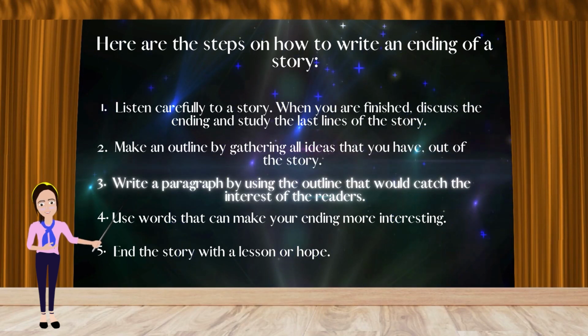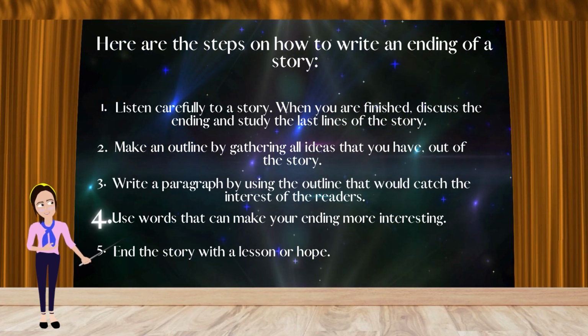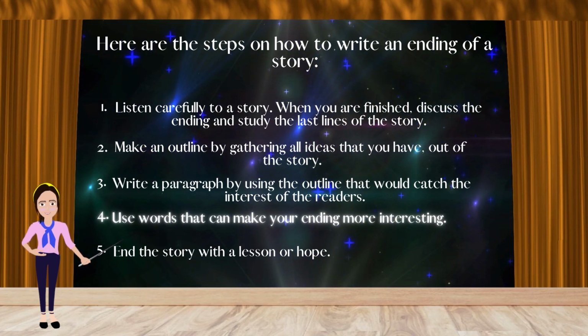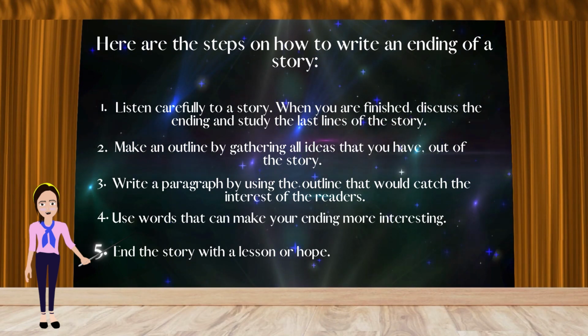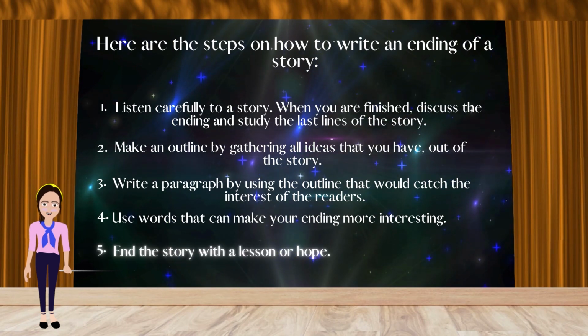Third, write a paragraph by using the outline that would catch the interest of the readers. The fourth step is use words that can make your ending more interesting. And number 5, find the story with a lesson or hope.